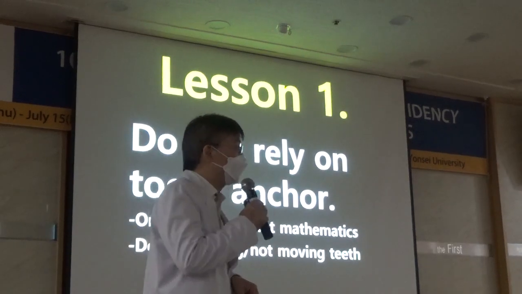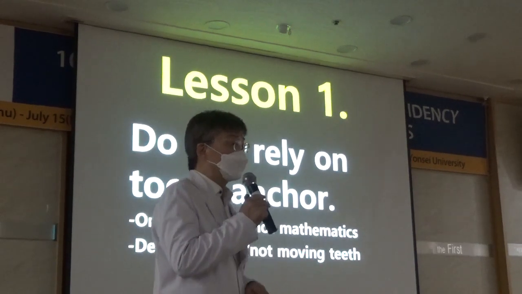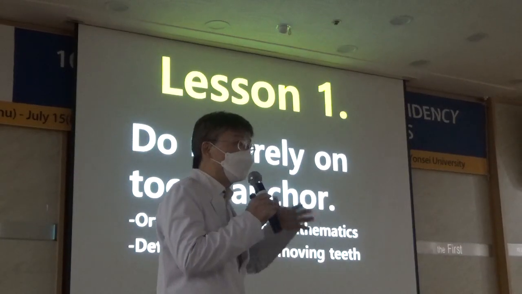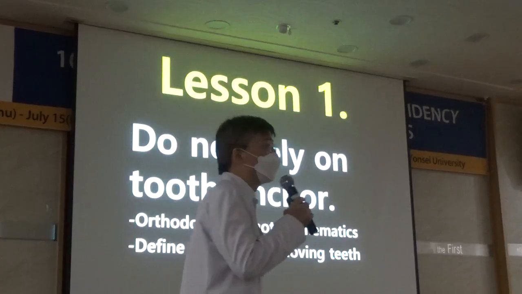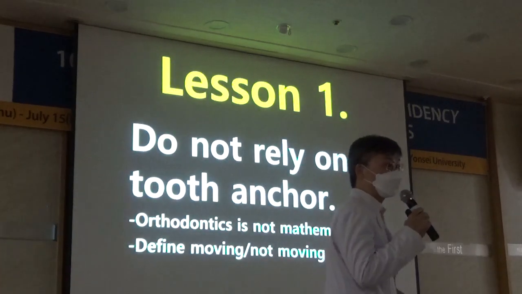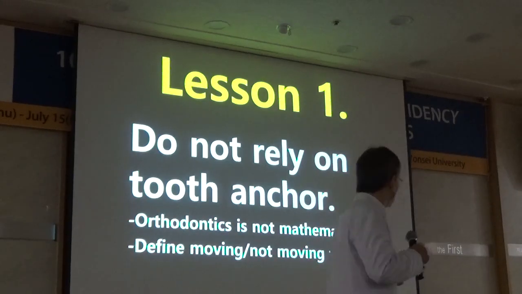They are supposed to move forward. Not initially, but eventually. But you are doing orthodontic treatment for at least 6 months, 1 year of time. In the meantime, the anchor tooth must move. Must move. Is that correct? You understand? Yeah.